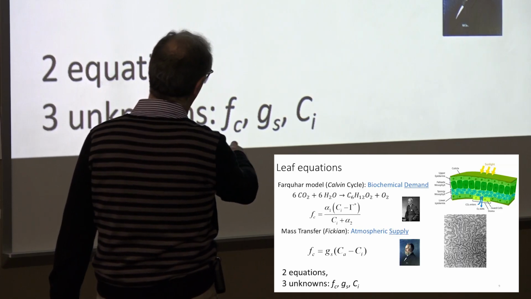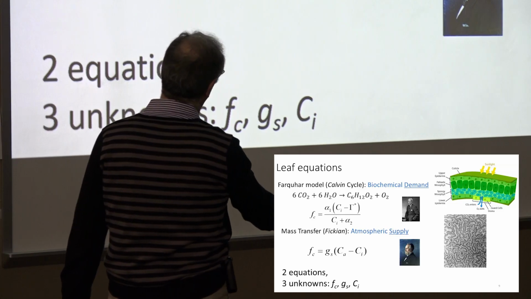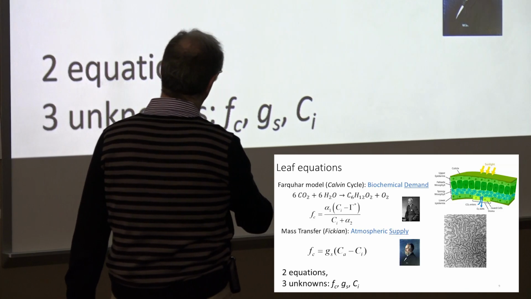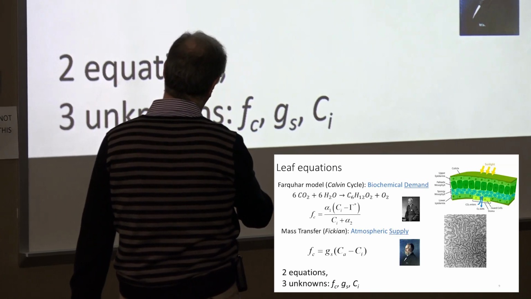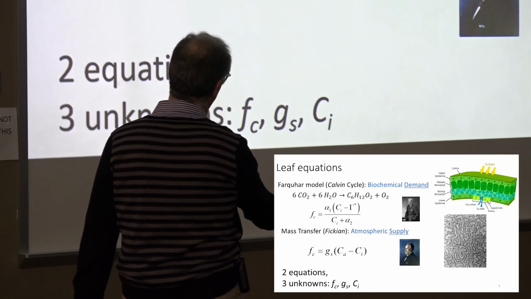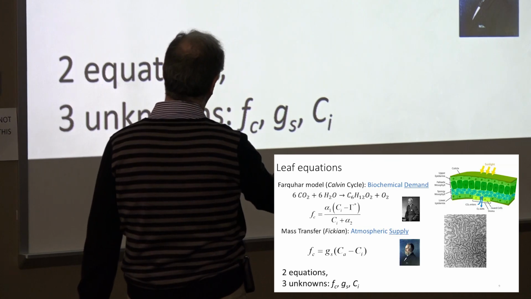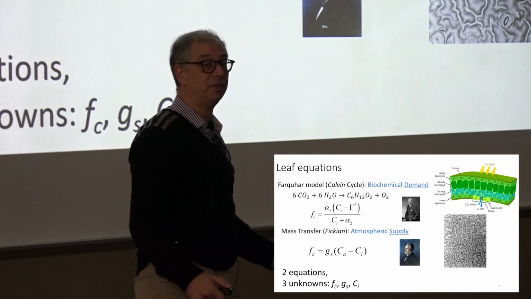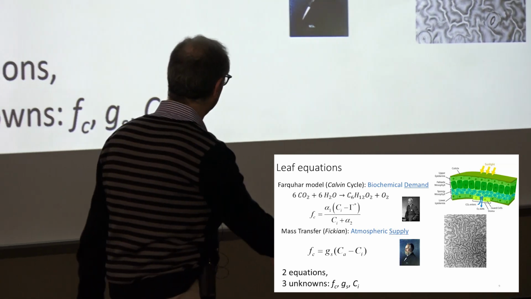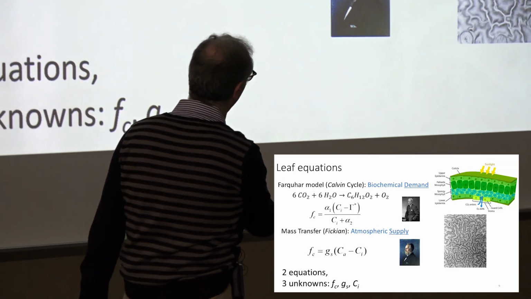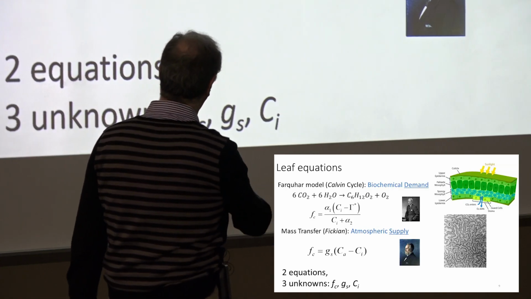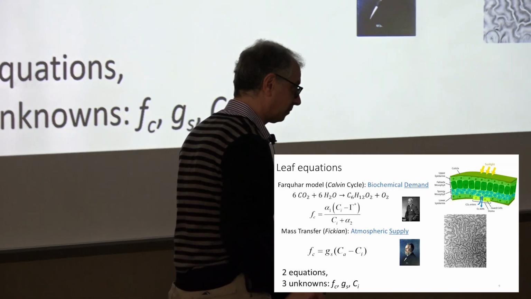You introduce another equation from physics, mass transport, that linked the CO2 flux to the internal CO2 concentration. Now you've closed the original system at the expense of introducing the porosity of this medium, or the diffusion properties, of how open these stomates are, or the stomatal conductance, as a third unknown. So now to solve this problem, you need a third equation.